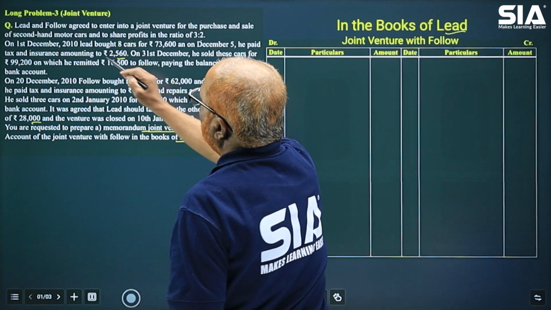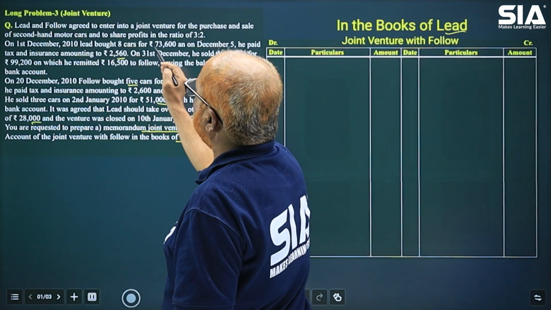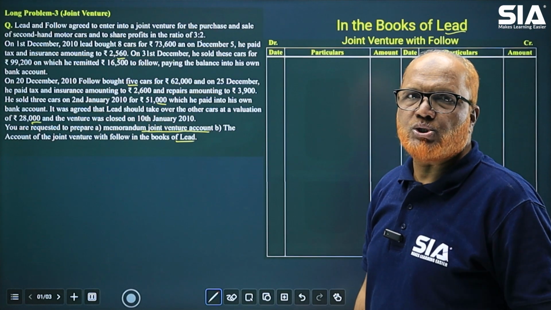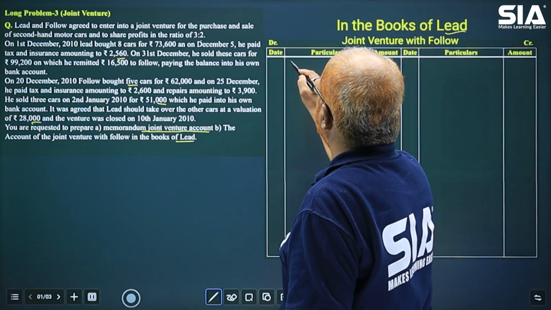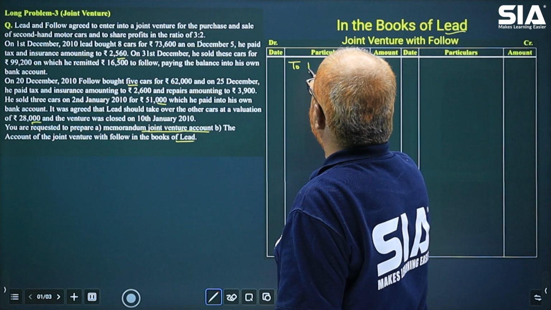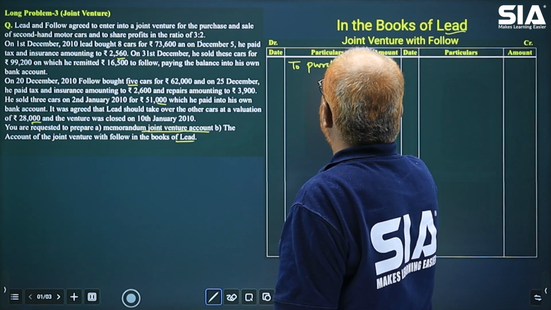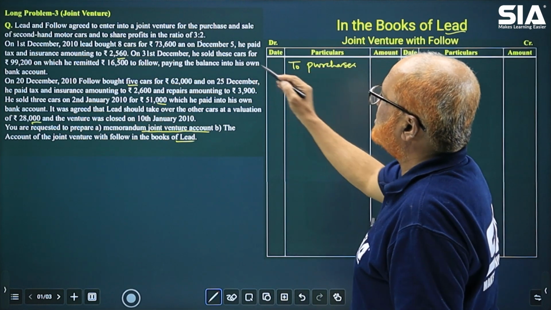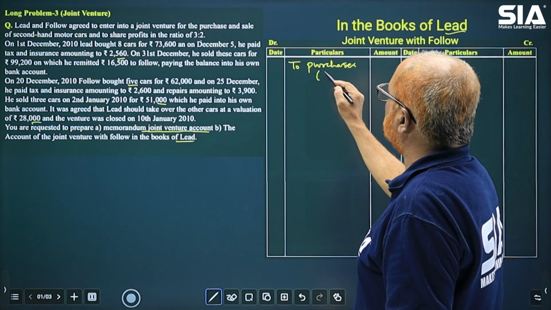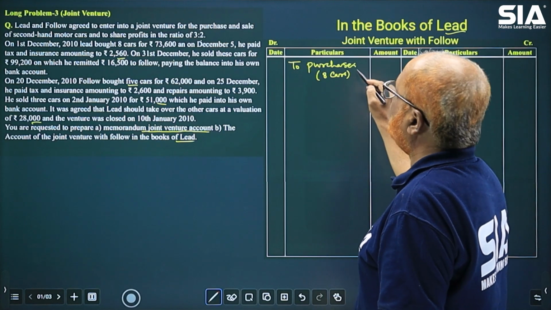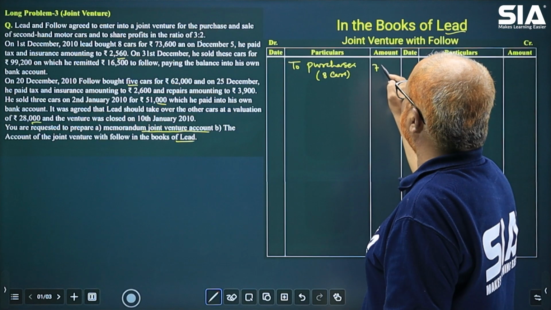So first of all, lead has purchased 8 cars for 73,600. So purchases, debit side. How many cars has he purchased? 8 cars he has purchased for rupees 73,600.